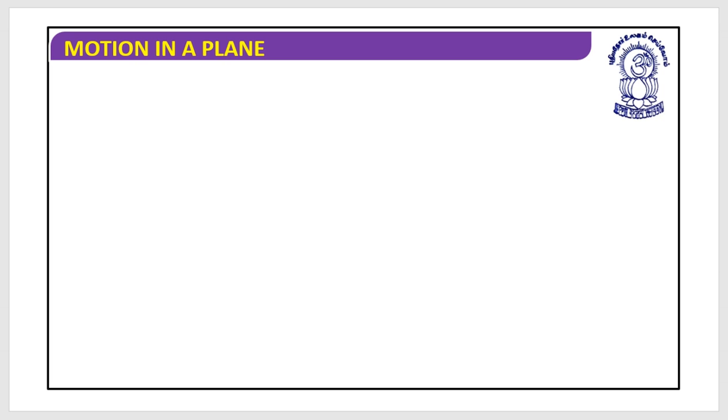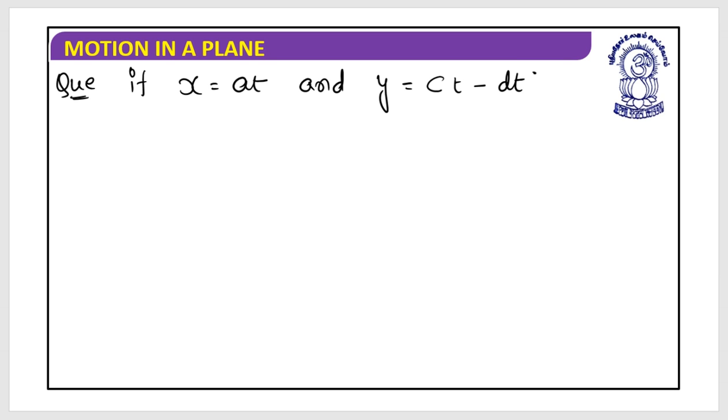The question is, if x equals 80 and y equals ct minus dt square, find out the angle of projection.